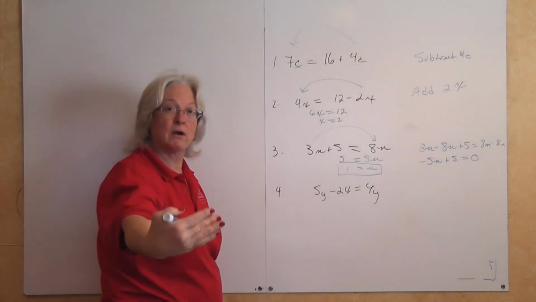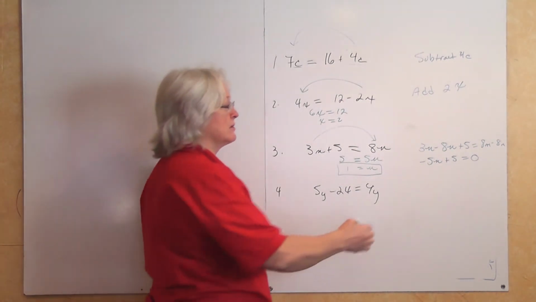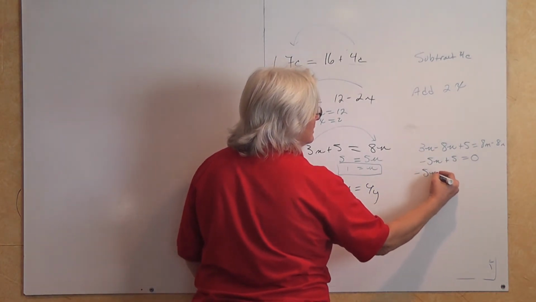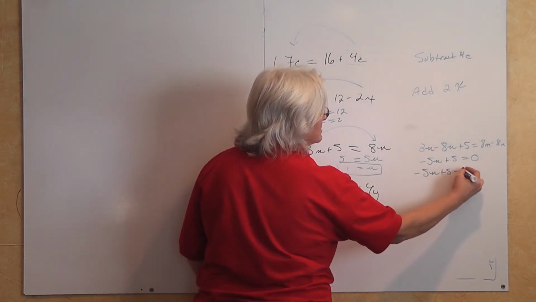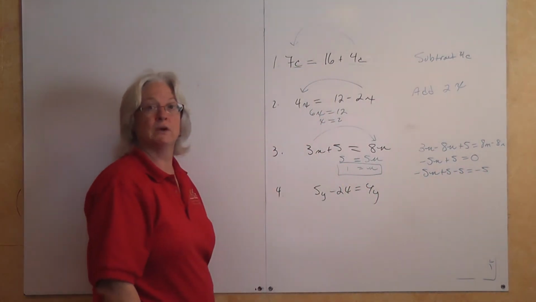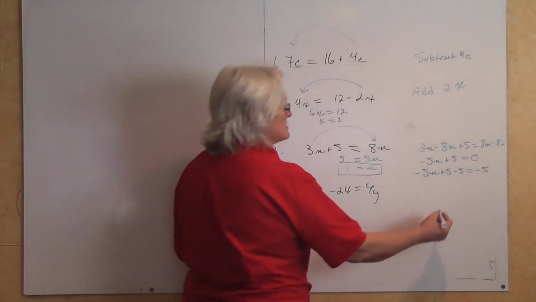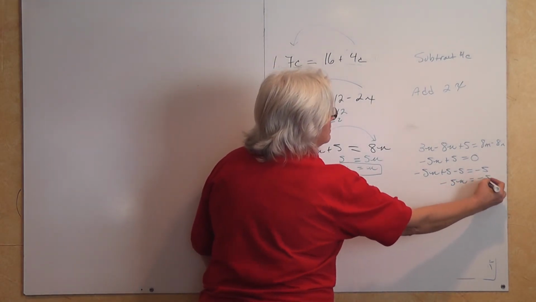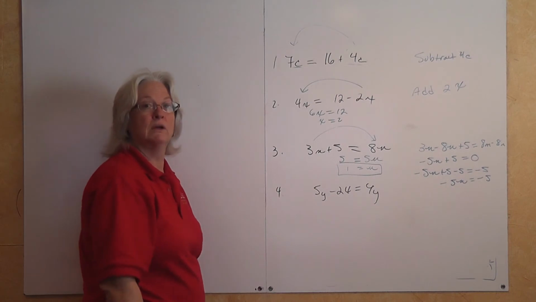We know we have to have the constant term on one side of the equation. We've added 5. Inverse of addition is subtraction, so we subtract 5 from both sides of the equation, which gives us negative 5n is equal to negative 5.